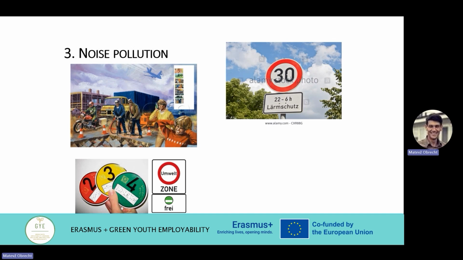You can also have, for example, some limitations on speed. So you have a speed limit during the night, so that the tire friction, engines, and so on will not produce so much noise, and we will be sleeping better.